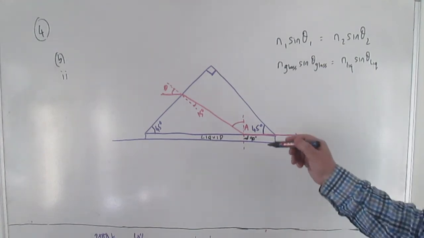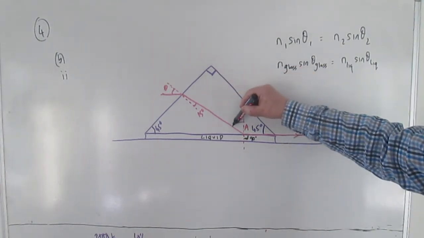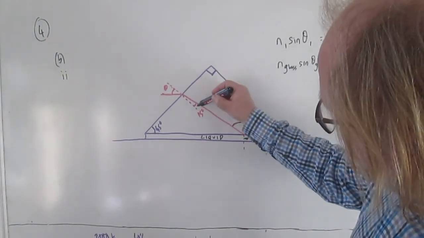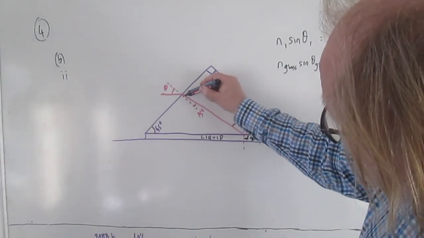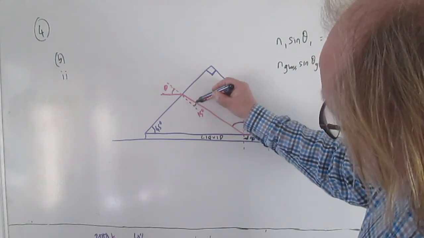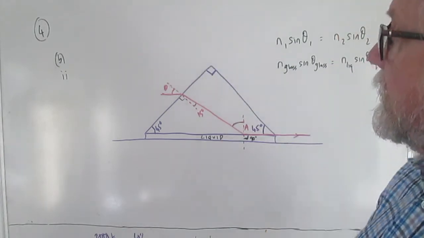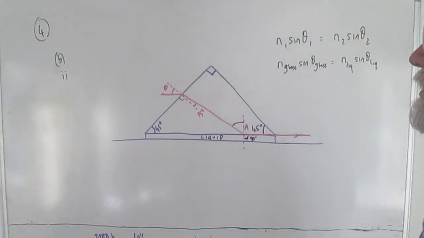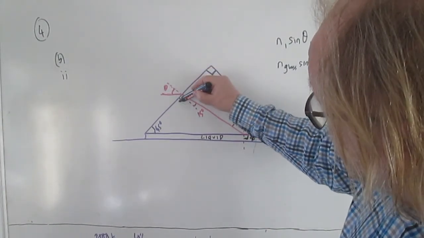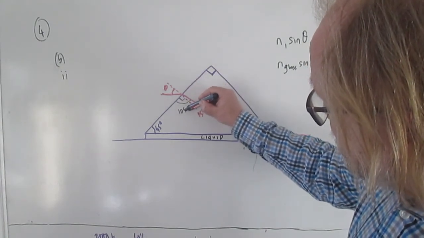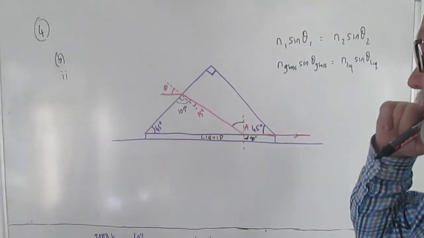So first job is to find what this angle here is. We can do that because it tells us in the question that this is a 15-degree angle, and of course this is a right angle because that's the angle between the normal and the interface layer. So that total angle here is 105 degrees, 90 plus 15.